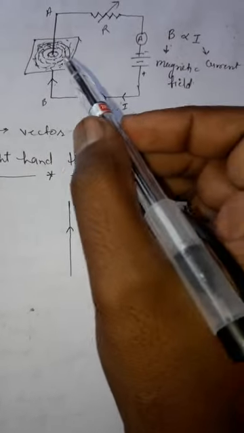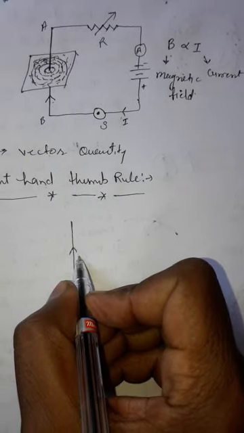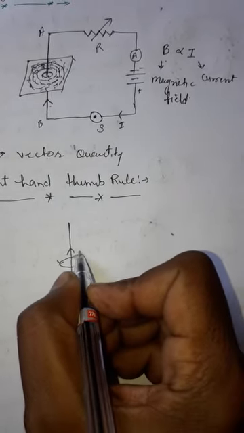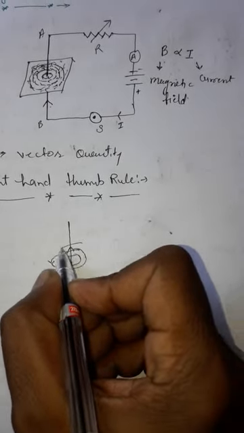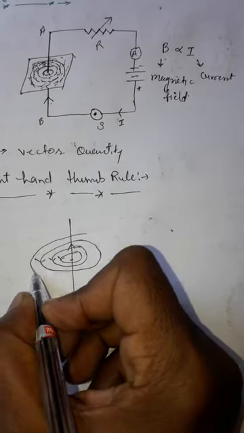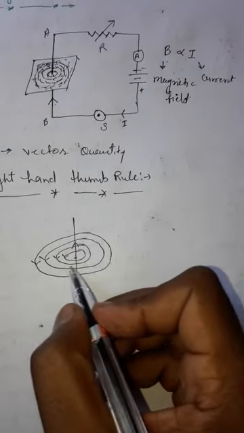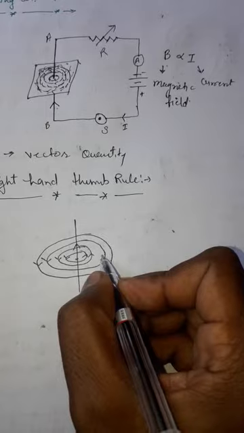But as these are concentric circles, these circles must be like this, having outward direction like this. As these are closed loops, on the right side, what is the direction?